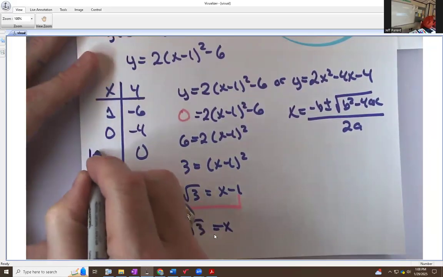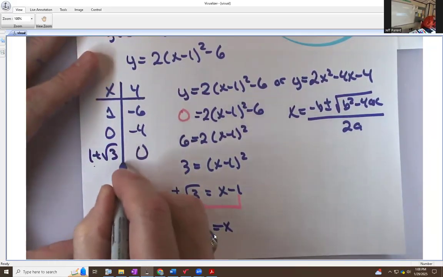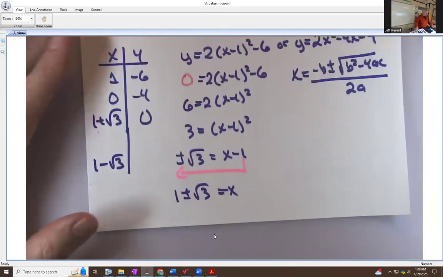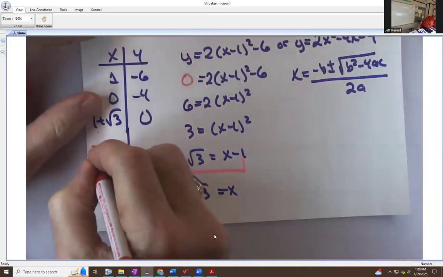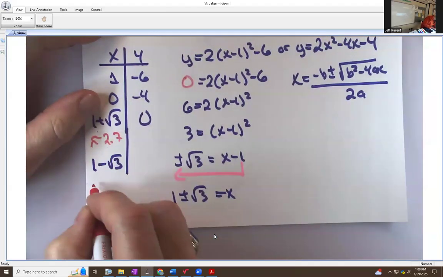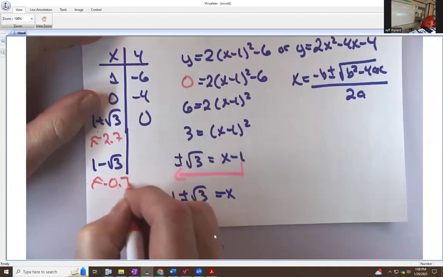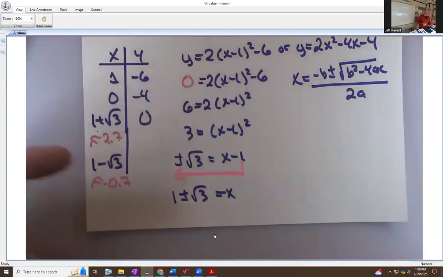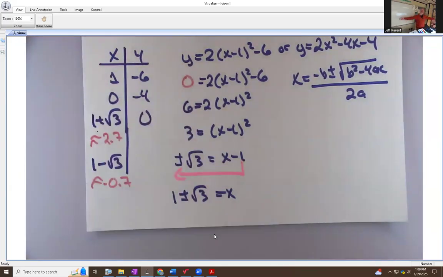So we got 1 plus the square root of 3, and 1 minus the square root of 3. You can bust out your calculator. This would be about 2.7, and this would be about negative 0.7. So those would be your x-intercepts. So you got your x-intercept, your y-intercept, etc. Hey, you're golden.